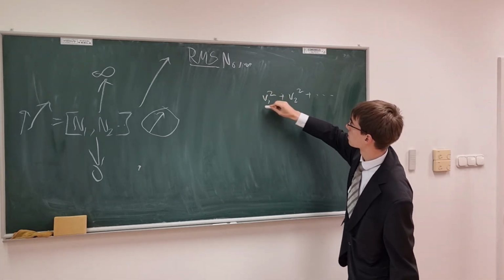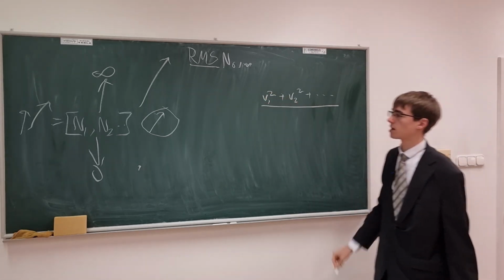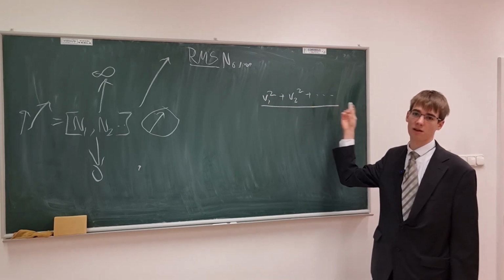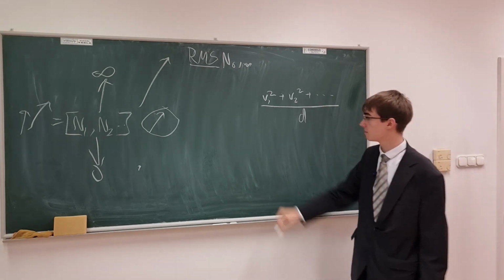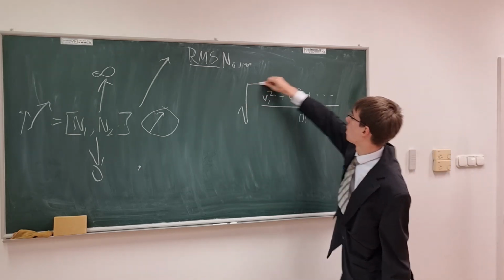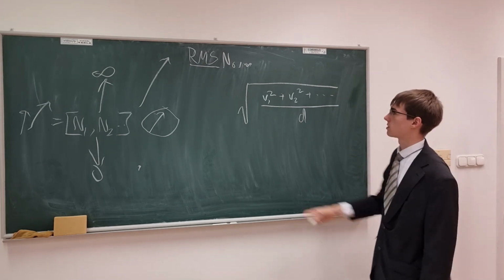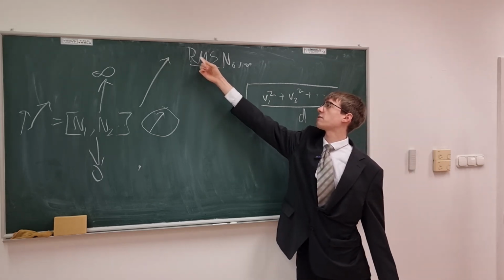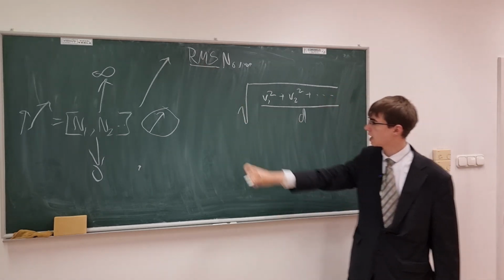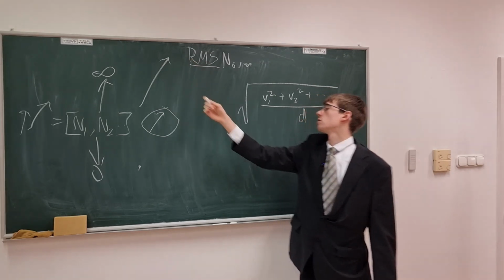And then you divide this by the number of numbers you had in the vector, which is generally represented by the letter d. And finally, you take the square root of that. So you square the numbers first, then you take their average, and finally you square root them.